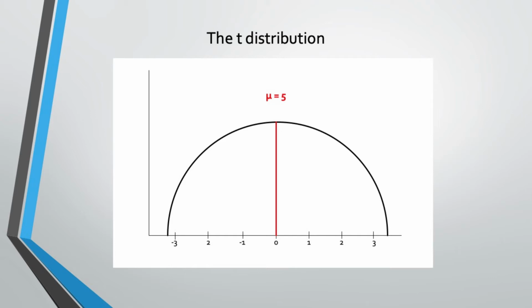But we know that our hypothesized mean for the population is 5. We created our rejection zone based on our degrees of freedom, so we ended up with a critical t of 1.71. Basically what this is saying is that 95% of observations are to the right of this point, and 5% of observations are to the left of this point.